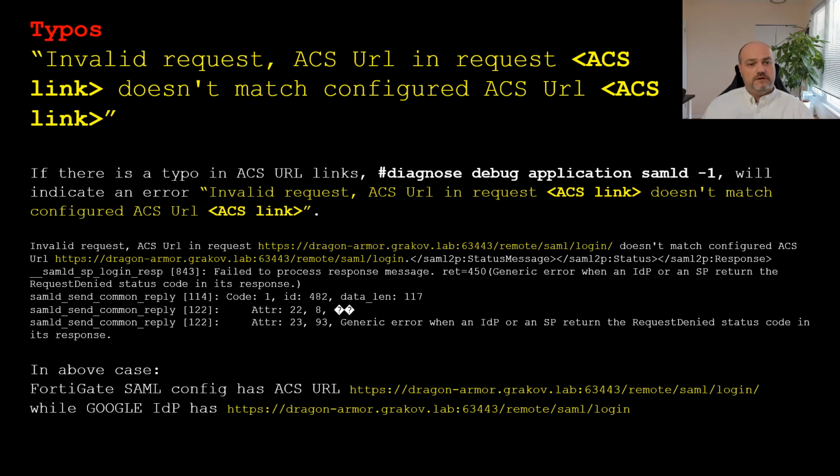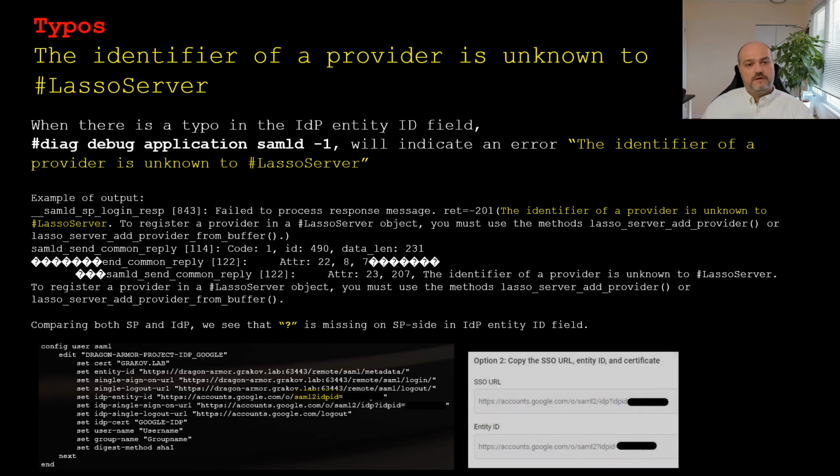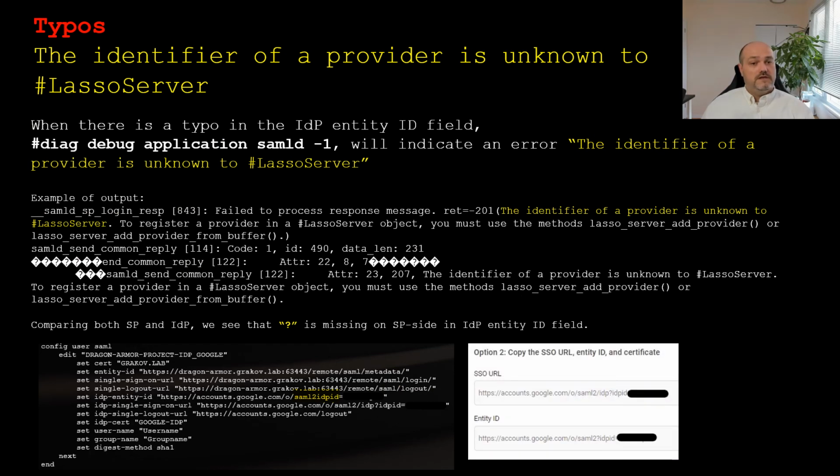Another common error: invalid request, ACS URL in request does not match configured ACS URL. If there is a typo in the ACS URL link, the debug application saml -1 will indicate this error. Error: the identifier of the provider is unknown to Lasso server.